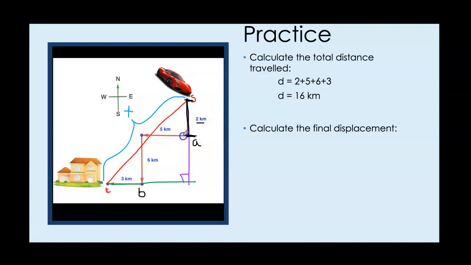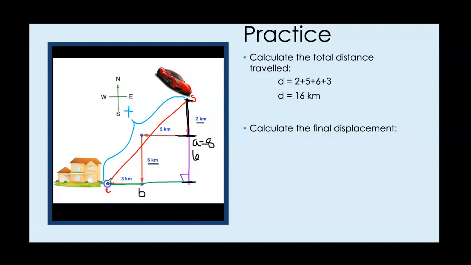I know from here to here happens to be 6 kilometers. I know this is 6 because that's in line. And we know from here to here is 6, which means here to here would also be 6. That means A equals 8 kilometers total.